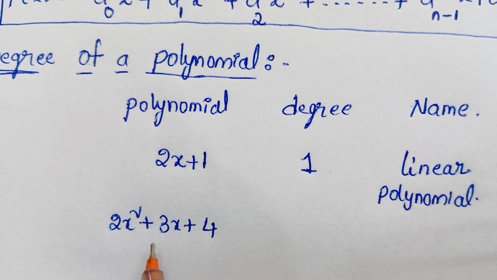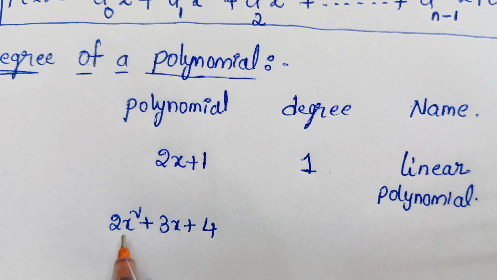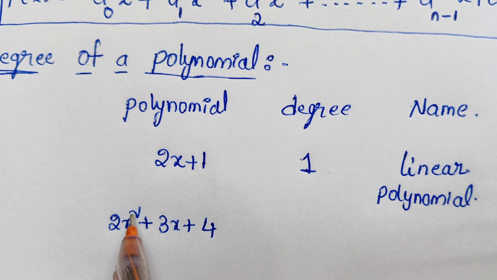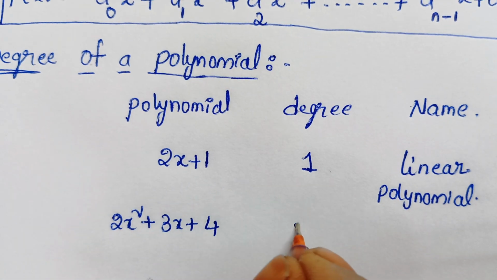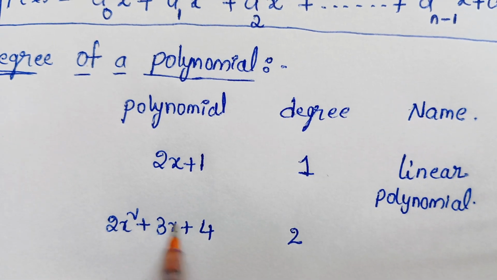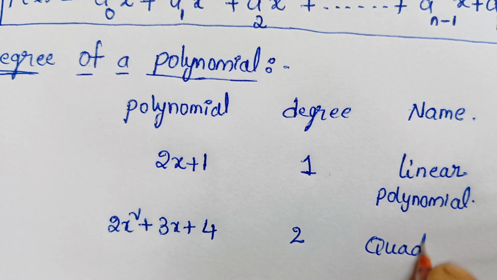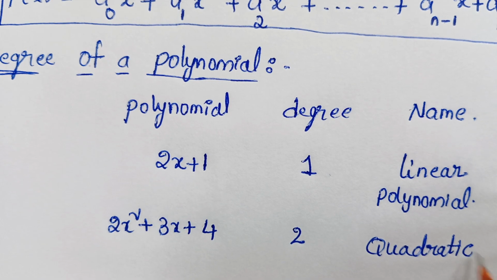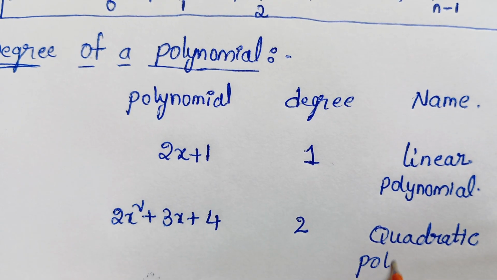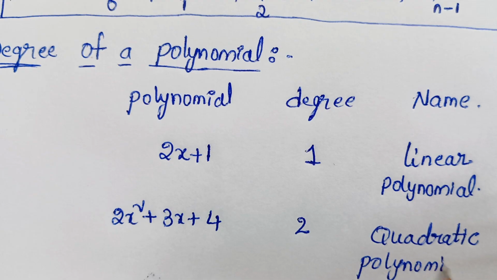Next, suppose 2x square plus 3x plus 4. This is a polynomial. Observe here, the highest power of x is 2 only. So the degree is 2 and this polynomial is called a quadratic polynomial. Okay, next.